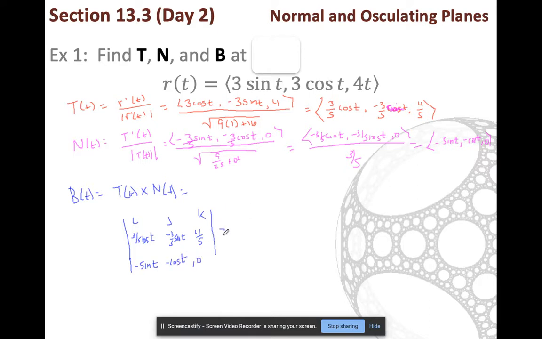Again, love to see the zeros. So 0 minus negative, 0 minus negative.